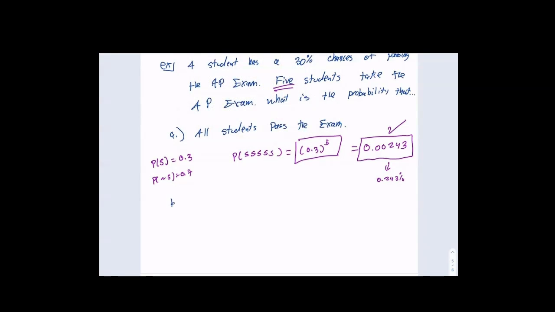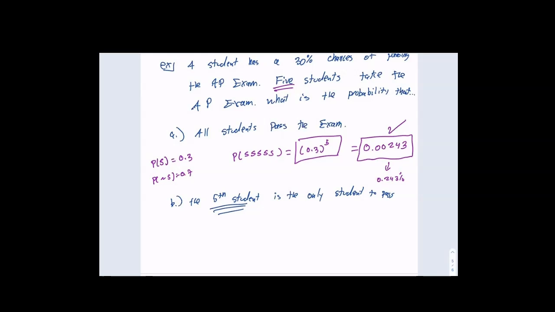B. What is the probability that the 5th student is the only student to pass? Now I'm saying specifically that 5th student. So each of them is the first student, did they pass?